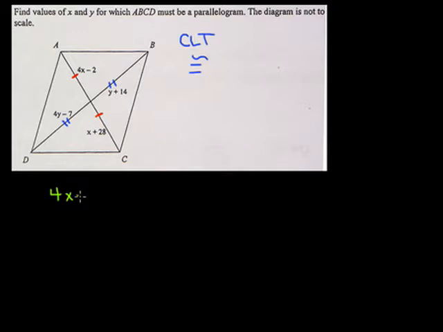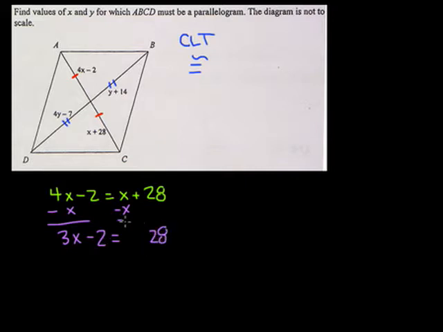4x minus 2 is equal to x plus 28. If we solve that, subtract x from both sides, and we get minus x minus x. We end up getting a 3x minus 2 equals 28.